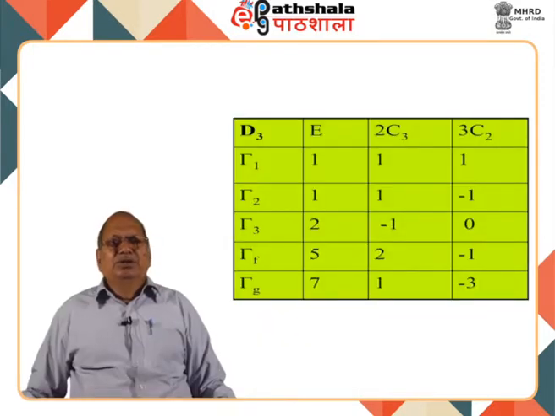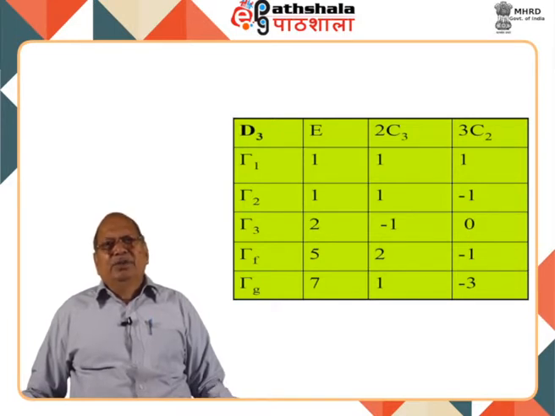Let us take D3 point group. In the table of the D3 characters for TF and TG, reducible representations are given, and I want to reduce TF, tau F and tau Z into irreducible representations belonging to D3 point group.